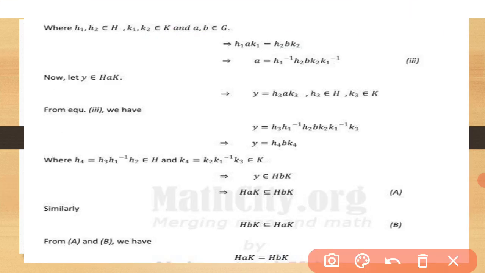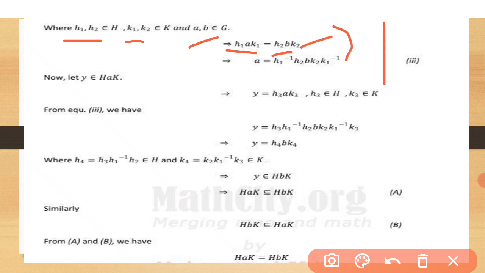Here I need your attention, please. H1 and H2 belong to H, and K1 and K2 are the elements of K, and A and B belong to G. Now we are taking their double cosets separately. H1 A K1 is equal to H2 B K2.